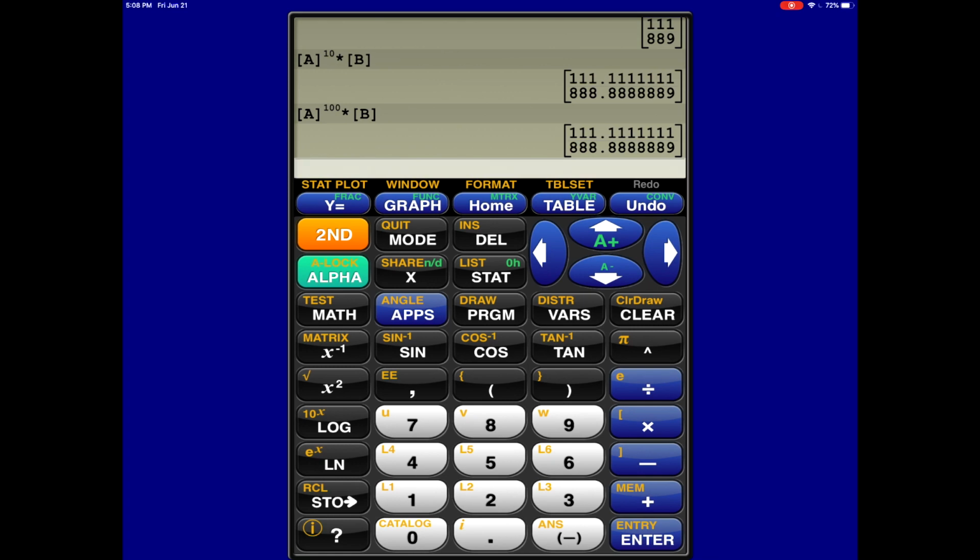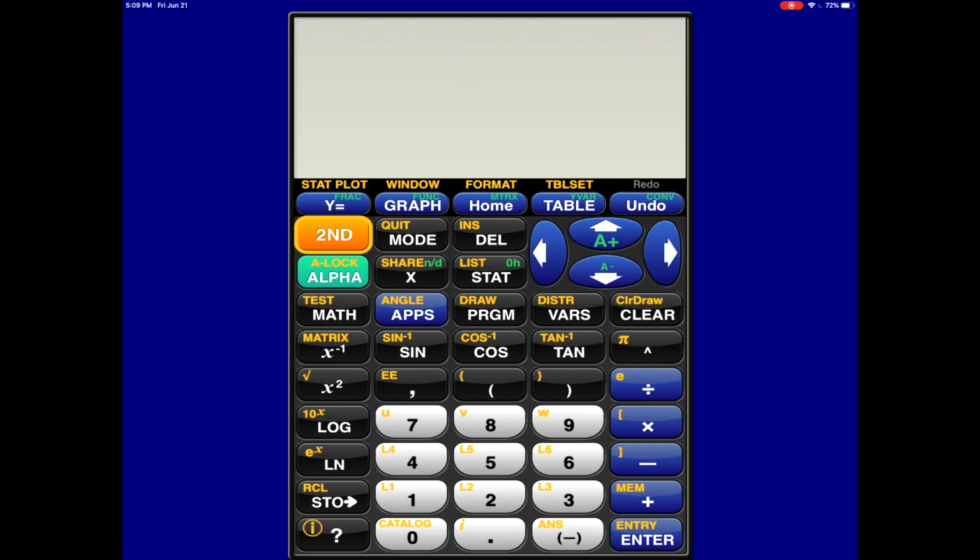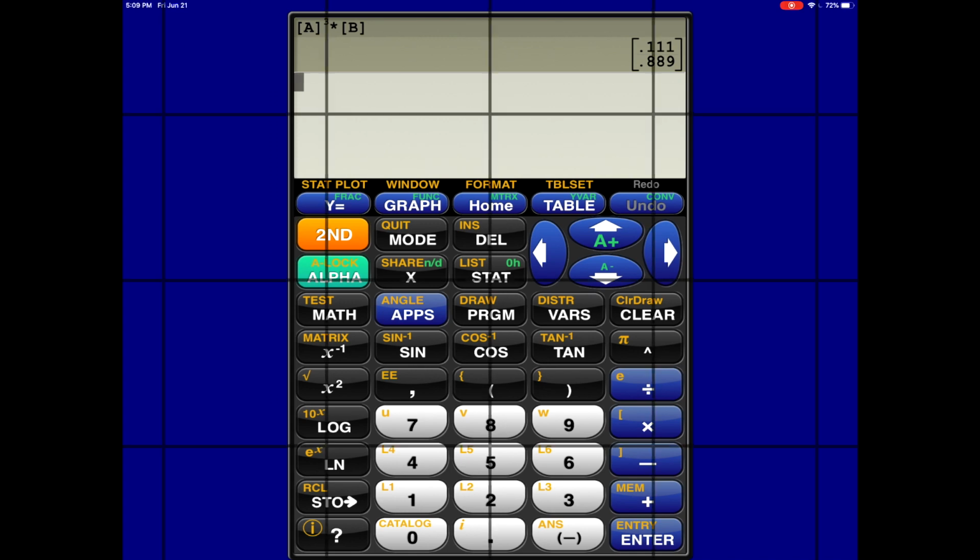All right, so second quit. Now I'm going to clear these and then I'm going to go second entry. So remember A corresponds to the transition matrix P. And here, what do we have? We wanted to cube it, right? And that gives us 0.11 and 0.889.